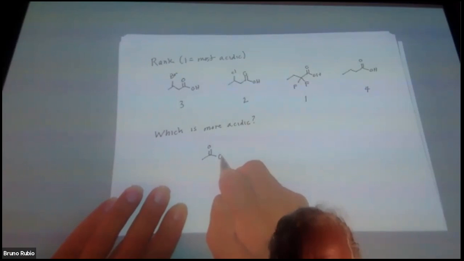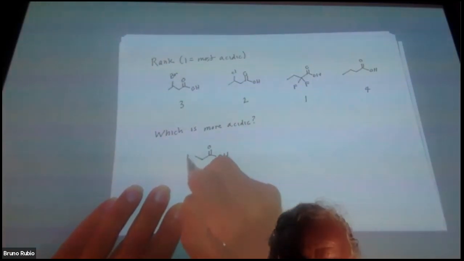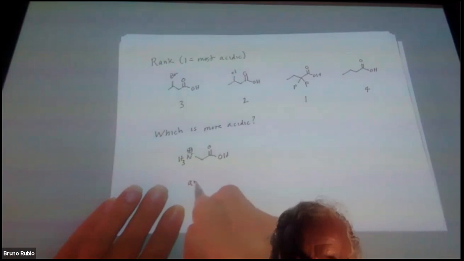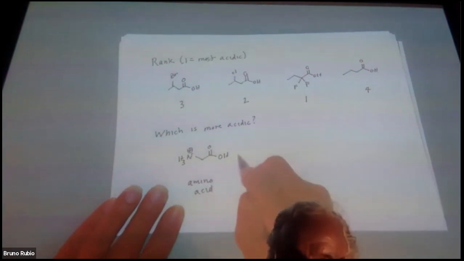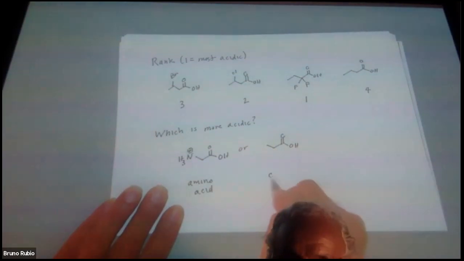An amino acid. All right, this is the amino acid glycine, or a carboxylic acid, right? This is a carboxylic acid.